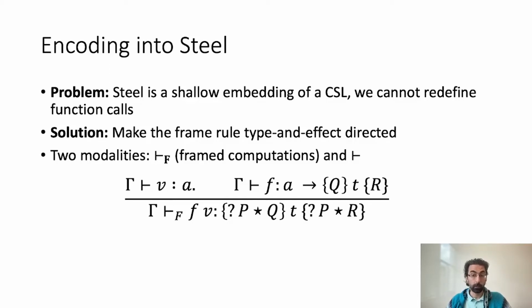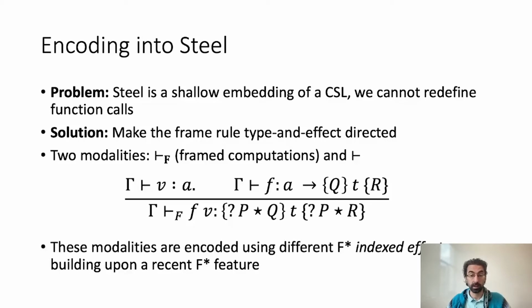And in the paper, we present a full calculus for separation logic using these modalities, and we also proved that the logic with this new frame rule is as expressive as the standard logic with non-deterministic framing. And so, to actually encode this calculus into F-star, we relied on a recent F-star feature called indexed effects, which extends F-star's effect system and allowed us to encode the different modalities as different effects.